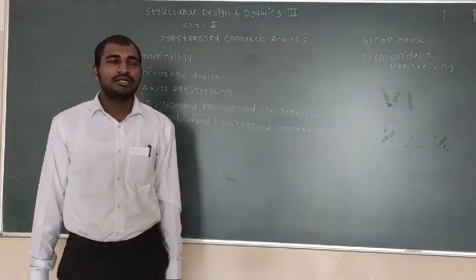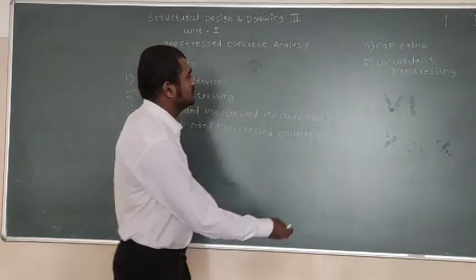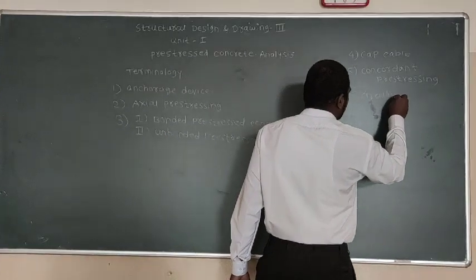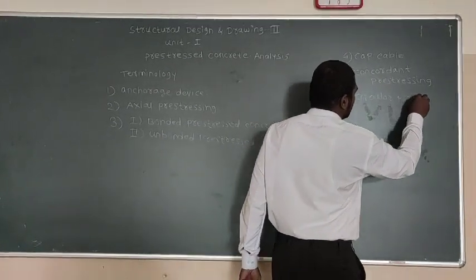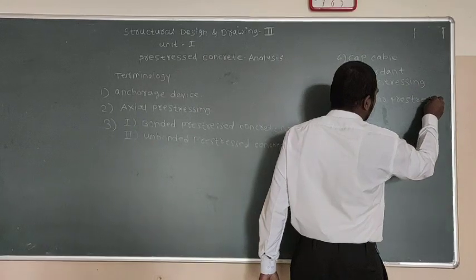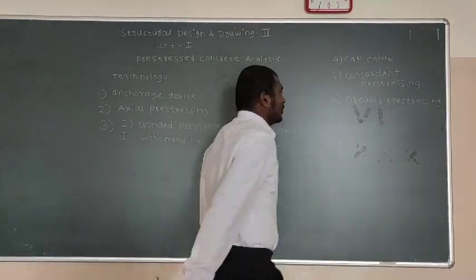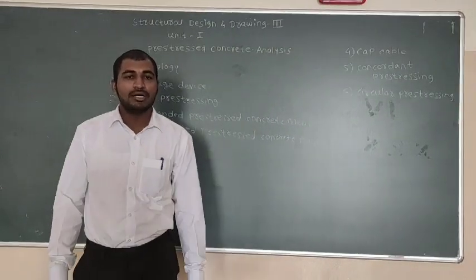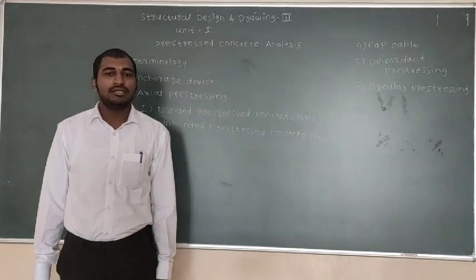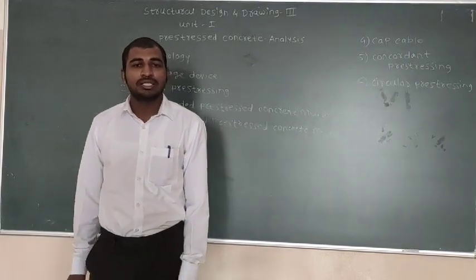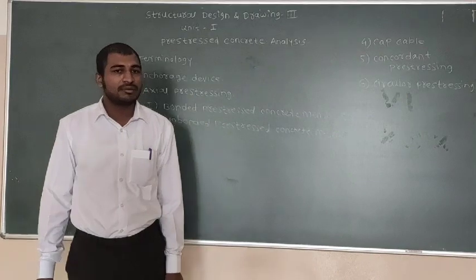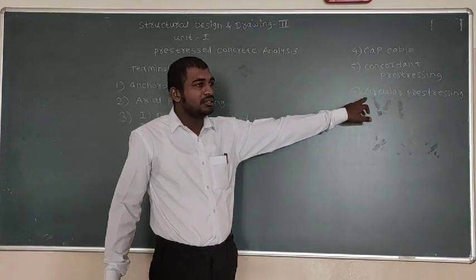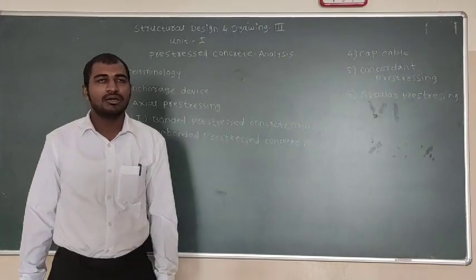Then the sixth terminology is circular prestressing. Circular prestressing refers to prestressing in round members such as tanks and pipes. Pipes and tanks are examples of circular prestressing.